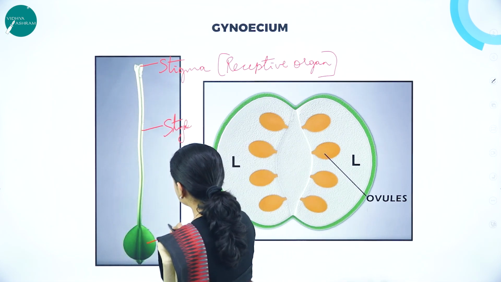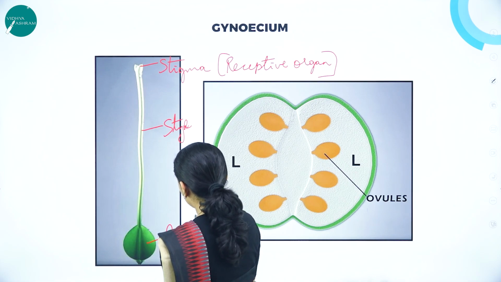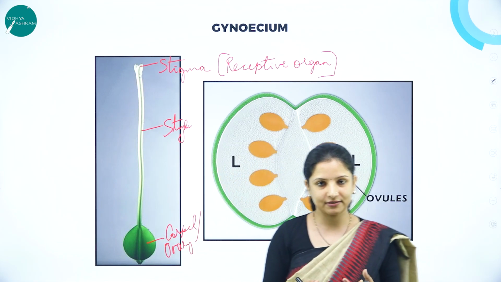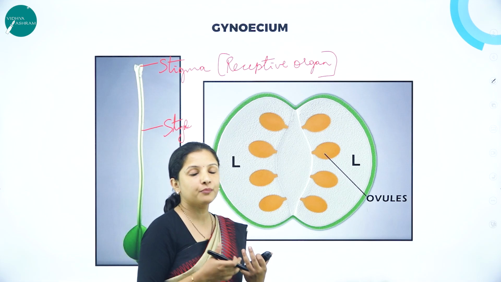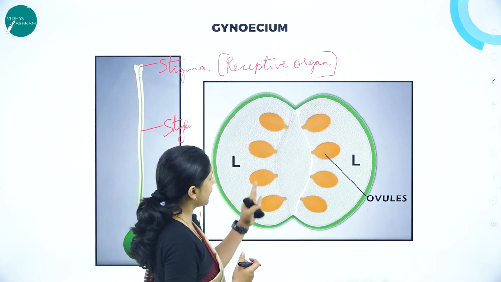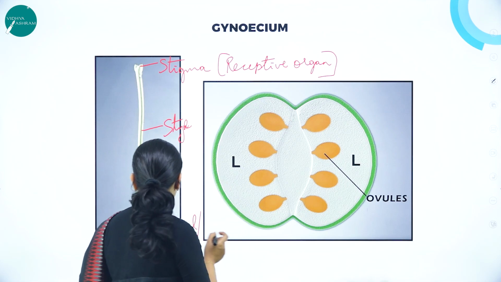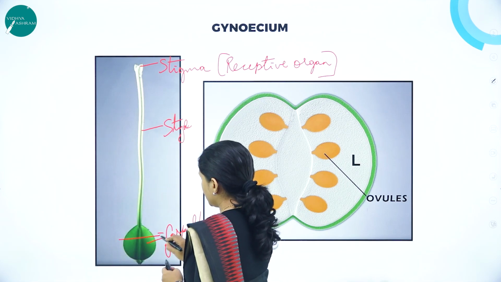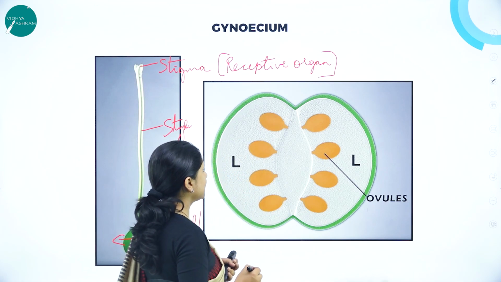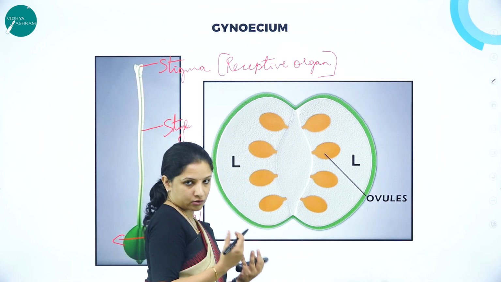Next, it contains the carpel, or we can call it the ovary. And inside the ovary, what is there? Inside the anther, we got to know pollen sacs are there wherein pollen grains are produced. In this case, inside the ovary, when I cut the ovary like this, transverse section, and observe it under the microscope, we can see that they are made up of locules.